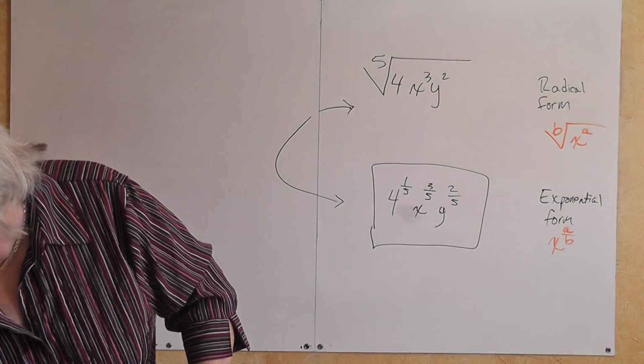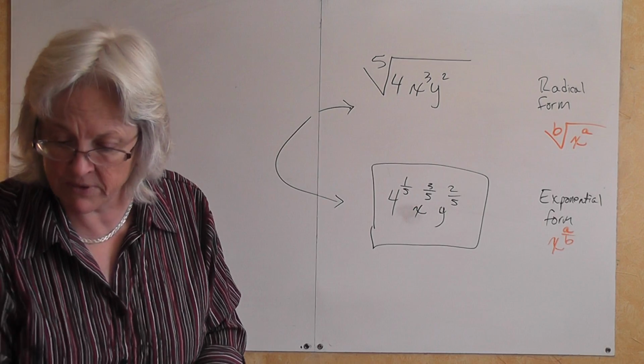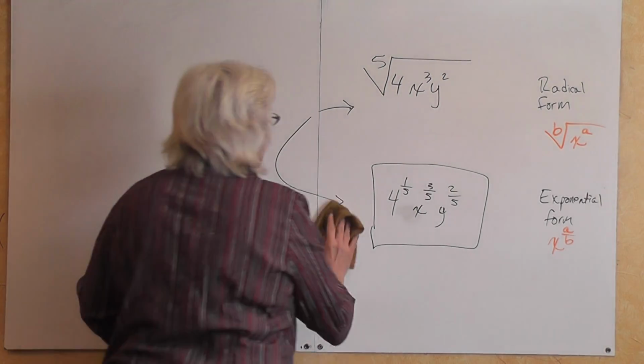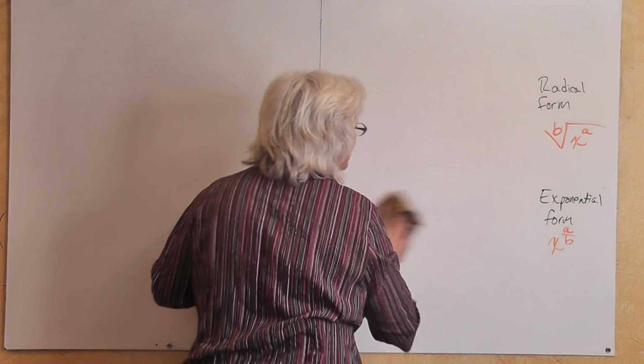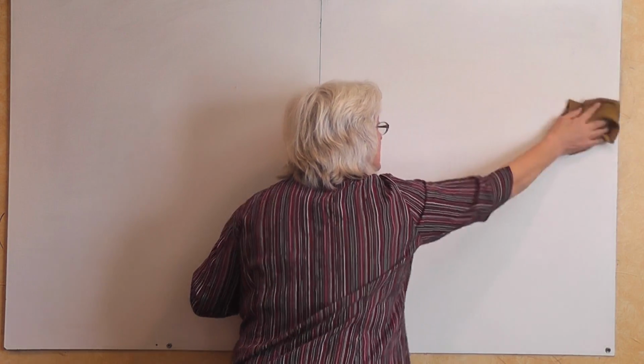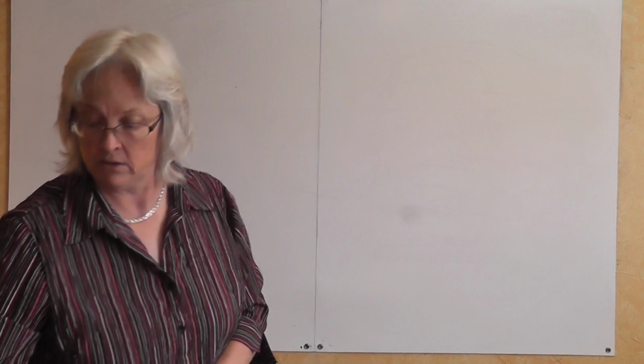Okay, we're going to take a breather from this and end up with something that is much easier. I think the author of the text took pity on you and said, okay, we'll close out with something easy. Let's rewind for a moment.